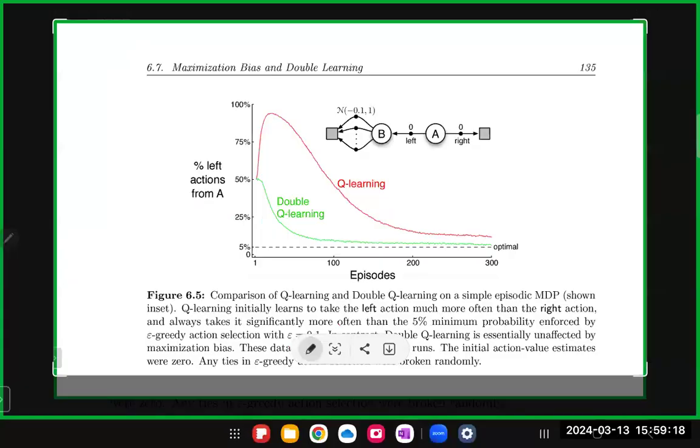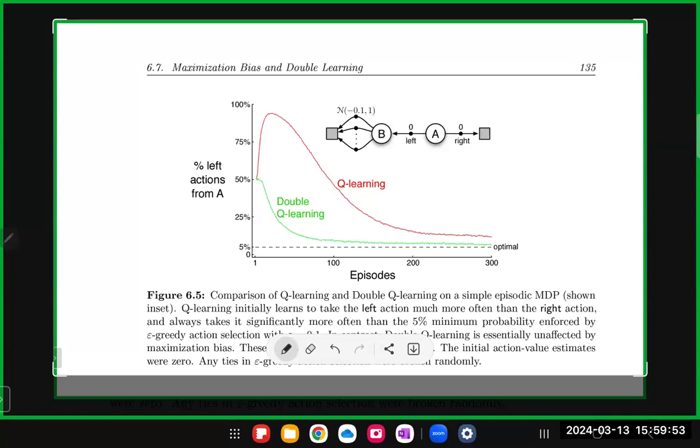There are only two non-terminal states, A and B, and in state A there are two actions, left and right, and they are deterministic. If you take the right action, you will go to the terminal state and you get a reward of 0. If you take the left action in state A, again you get a reward of 0 deterministically, and you will go to state B.